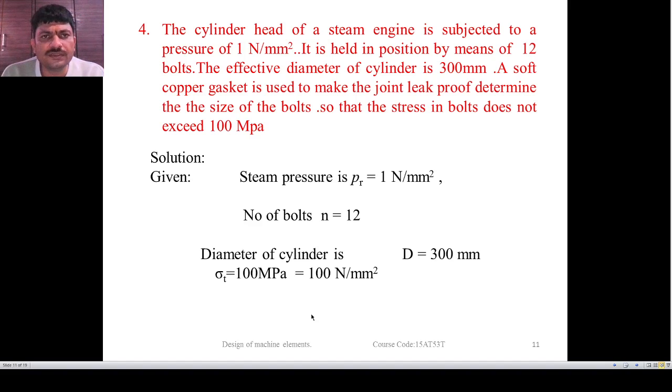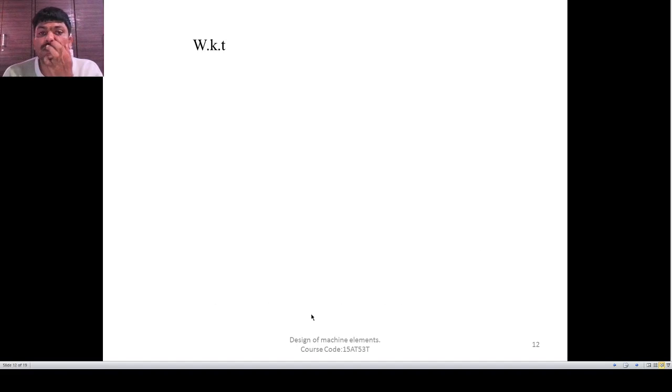So here also we are proceeding in the same manner. We know that the force or load is equal to the cross sectional area into the pressure. Here we are using the basic definition of pressure: pressure is nothing but force per unit cross sectional area. So force is equal to area into pressure.